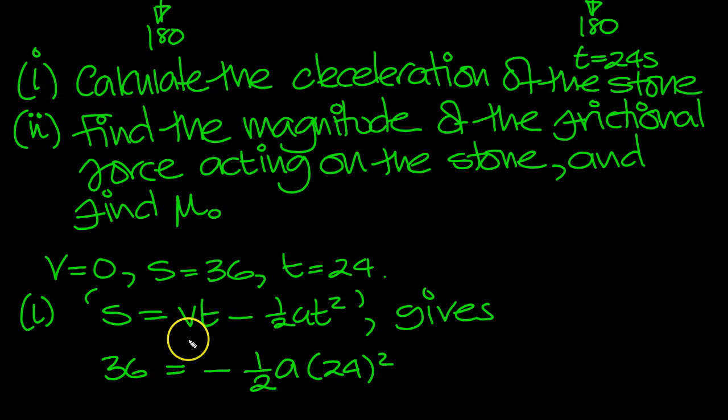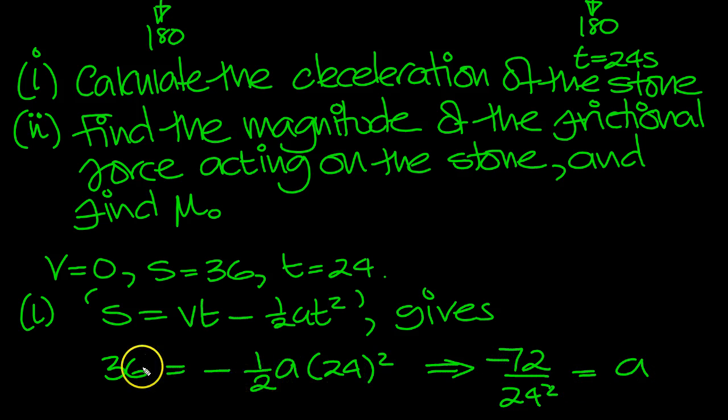The final velocity was 0, wasn't it? So that tells us the 2 comes up to be 72. And then the 24 squared can move down. It is equal to a with a minus, isn't it? So the 2 went up there, 2 times 36 is 72. The 24 squared went down.